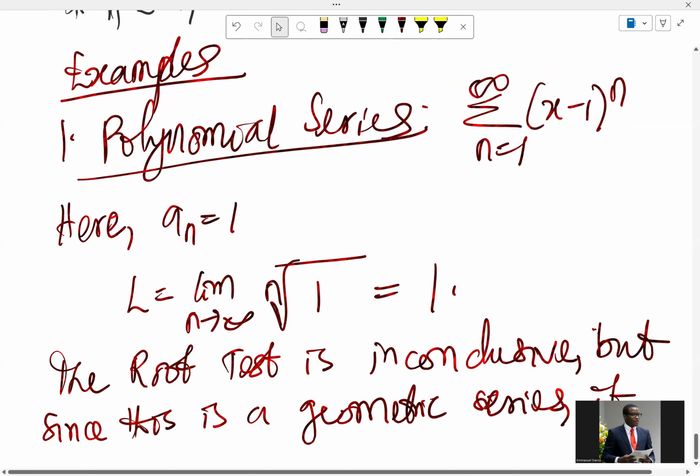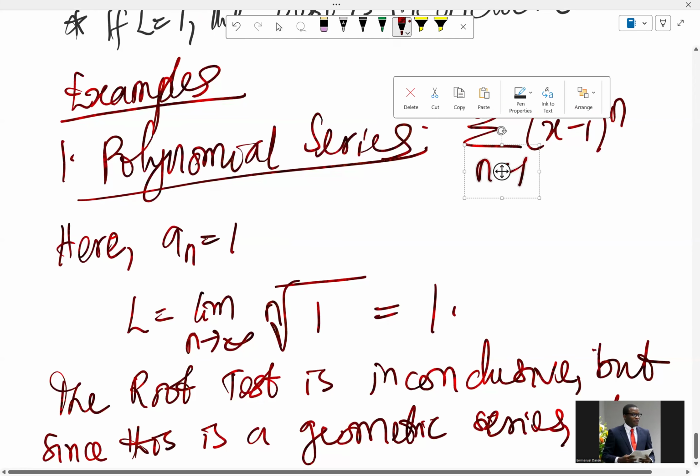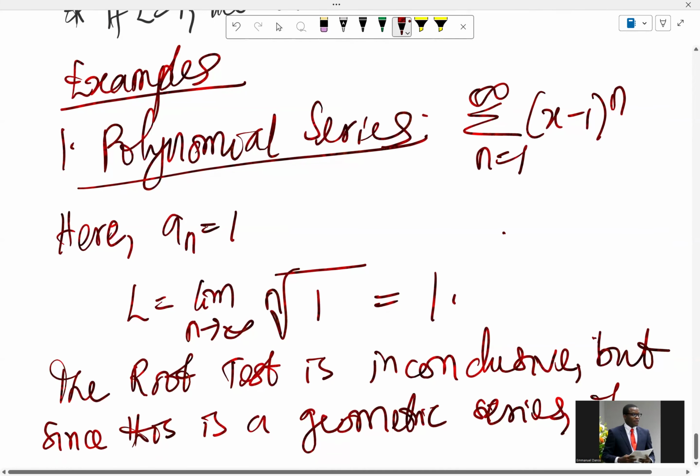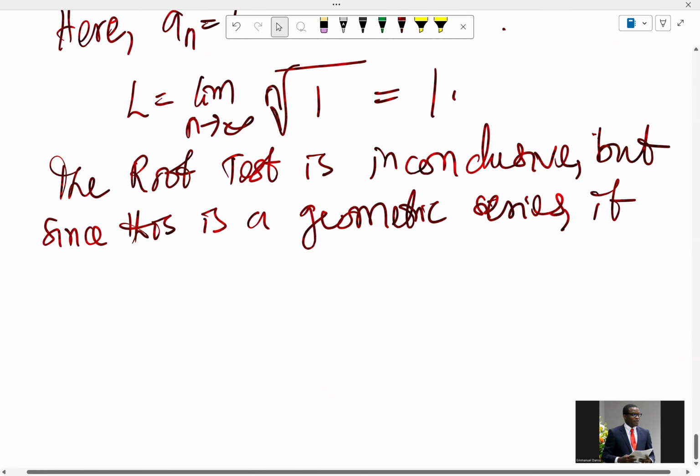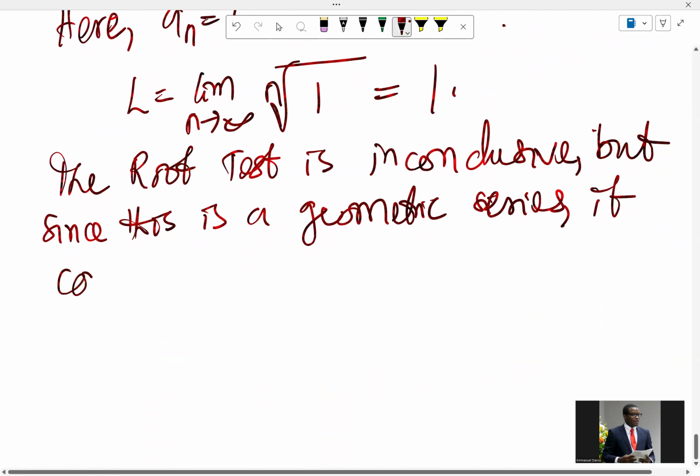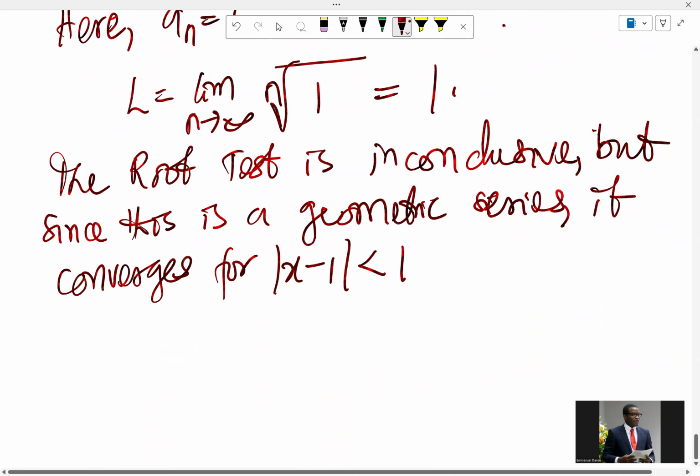You can see that it's geometric because of the power, except that it has a center, unlike the other one that doesn't have a center. So since it is a geometric series, it converges for absolute value of x minus 1 less than 1.